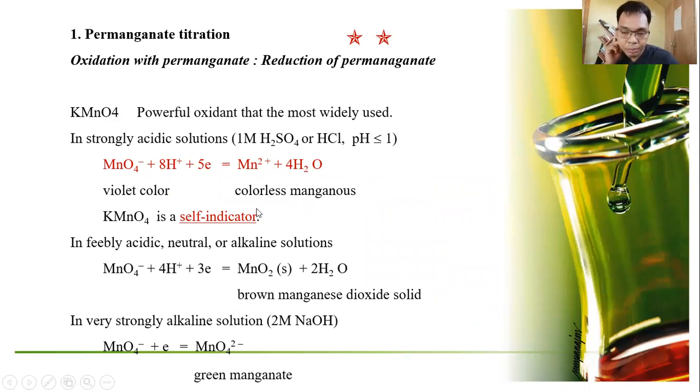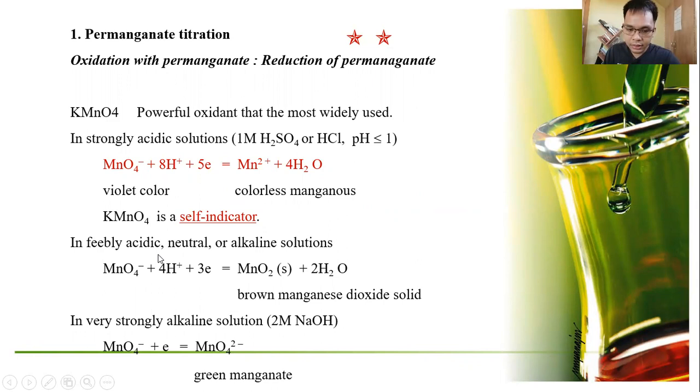So the end point of our permanganometry titration should be a faint violet. Because if it is colorless, that is an overshoot. So that is what we remember. Colorless manganese. I'll discuss it later when I recall.